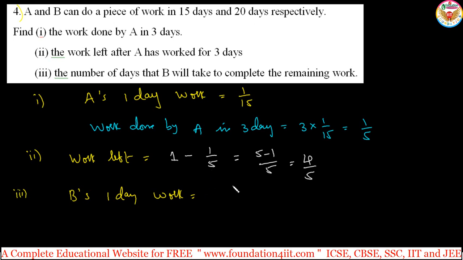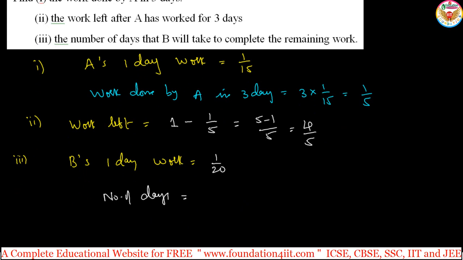B can do the work in 20 days. That means B in 1 day can do only 1 by 20. So to find out the number of days taken by B, it is total work divided by B's 1 day capacity.